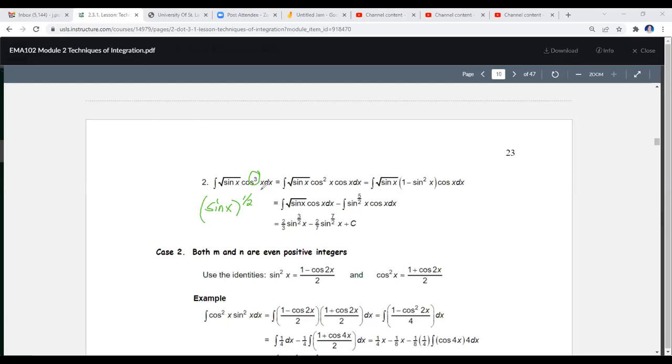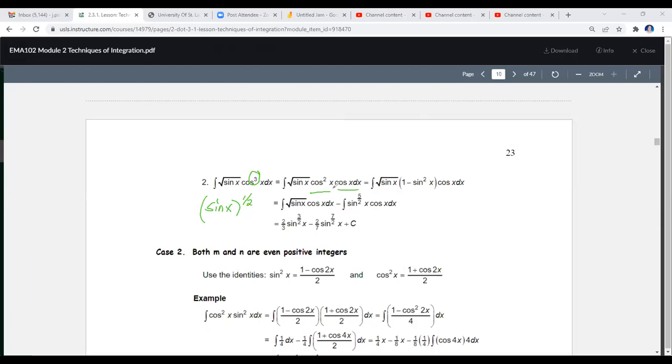You split this function which has the odd positive exponent into one function raised to exponent 1 and the other being even now. So you can see it was split here into cosine squared of x and the cosine of x dx. Now, what's the purpose here?